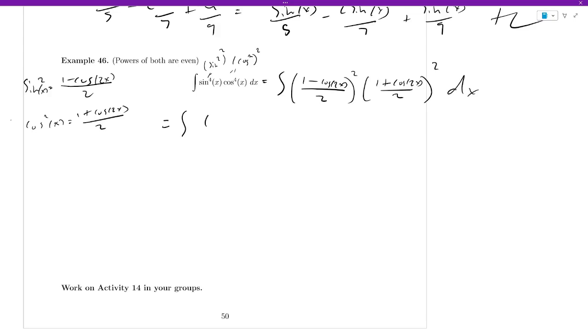So this is the same as 1 minus cosine 2x squared over 4, and then 1 plus cosine 2x all squared, also over 4. So I have two of these over 4s, so it's totally fine to pull them both out in front of the integral, and they'll multiply together because they're both on the bottom. So you get 16.